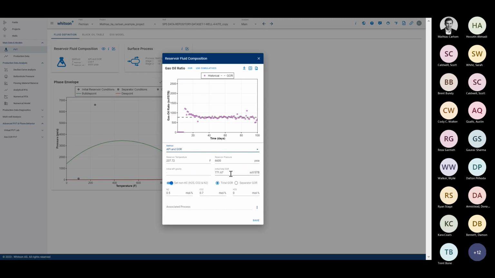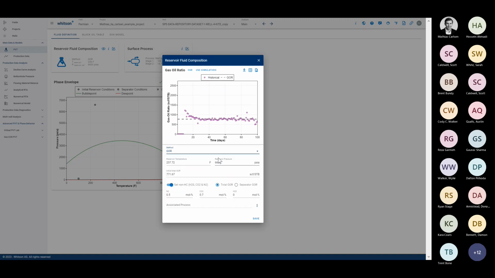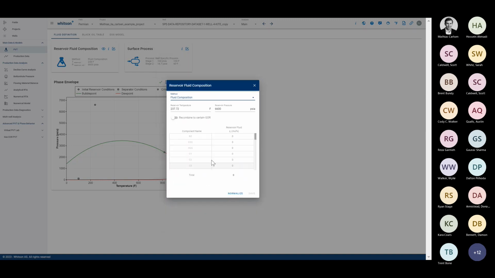There might be simple uncertainty in the measurement, or in how long it's been exposed to air. So in practice, I've kind of gone away from using the API and GOR method. At least my recommendation is to use the GOR method, and if you have a saturation pressure estimate, I would use the GOR and saturation pressure estimate. Obviously, if you have more information than that, like the full reservoir fluid composition, you can use that.